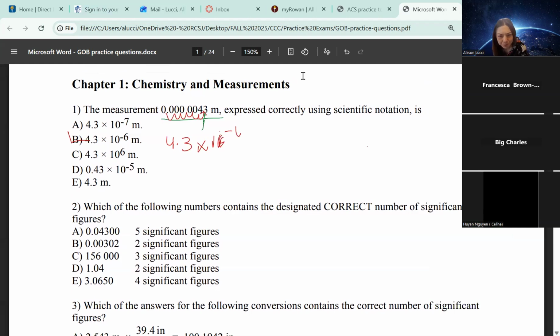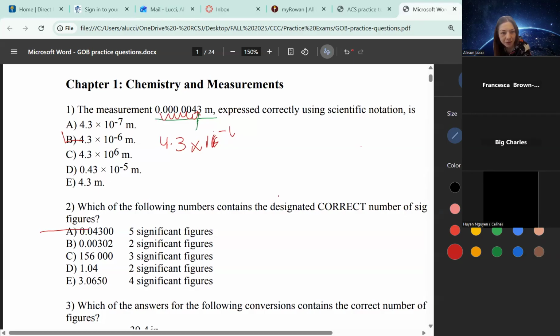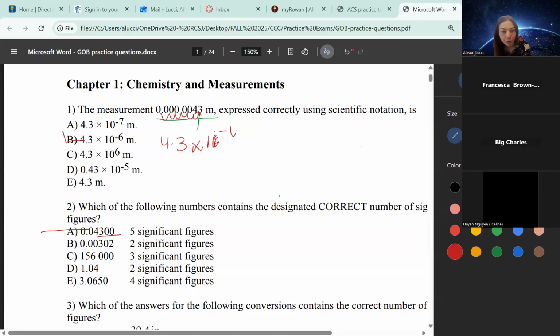Our next question asks us to recall what the correct number of significant figures would be. So we're not doing any calculation. So all you have to do is look at the numbers, right? We don't have to figure out how many sig figs we should have at the end, but we can just look at A here, for example, and we know that any leading zeros, so these zeros here would not be significant, but these trailing zeros would be.